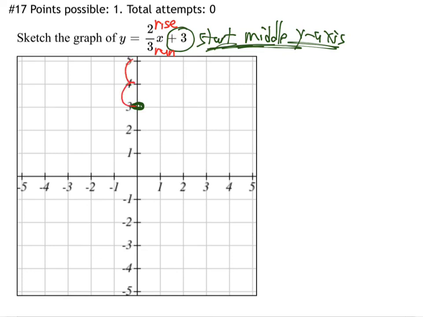So that means you go up 2 over 1, 2, 3. Up 2 over 3. Connect the dots. There it is. There's our line. So the number that's off to the right, that's your starting dot, up 3. And then you do rise over run.